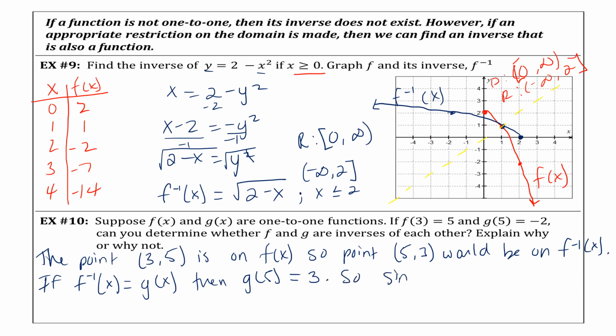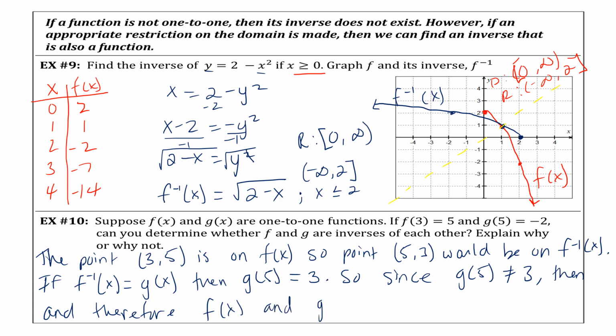So since g of 5 doesn't equal 3, then, and therefore, f of x and g of x are not inverses. Okay, so that's just logic.